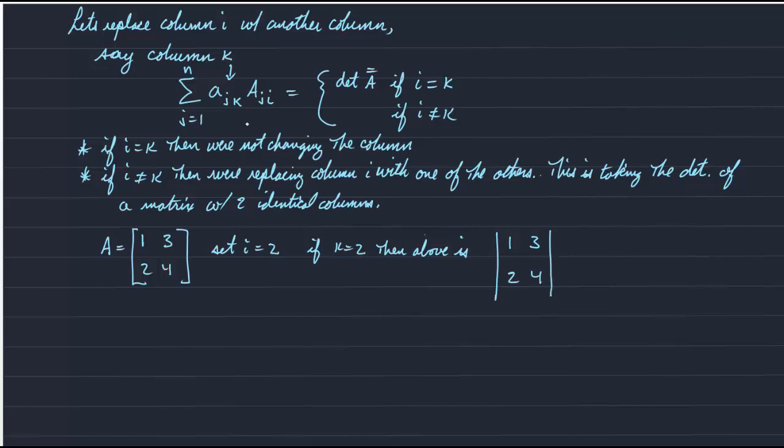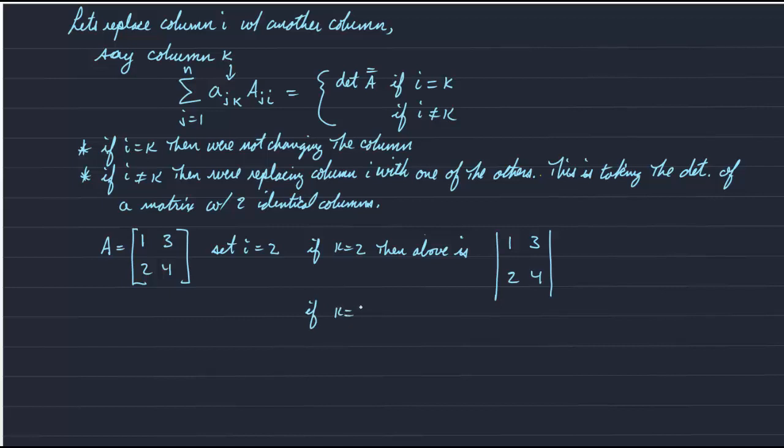So in other words, we'll sum element 1, 2 times the cofactor of that element with the product of element 2, 2 times its own cofactor.